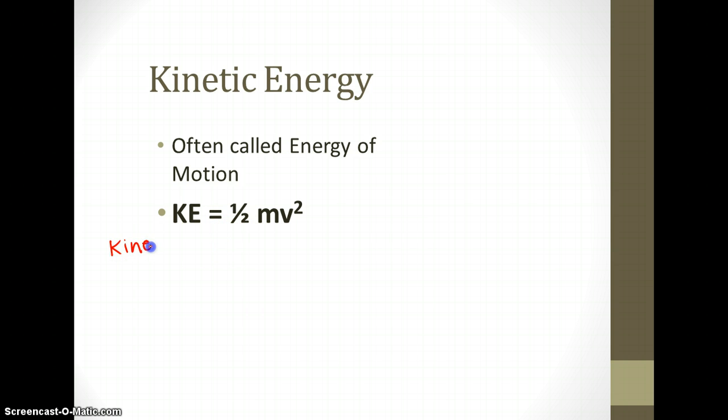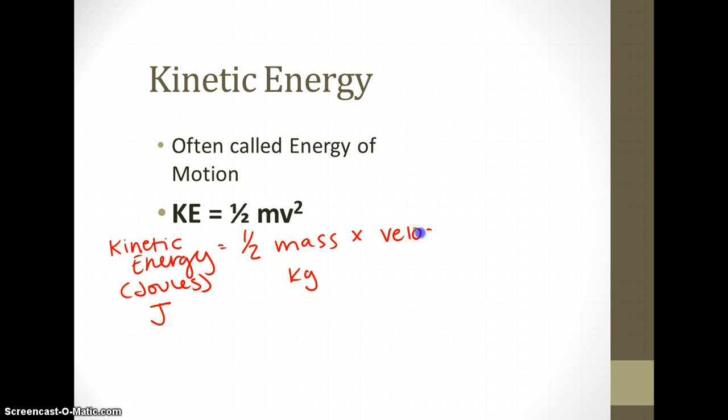Kinetic energy is measured in joules, abbreviated by a J, and equals 1/2 times mass, in kilograms, times velocity, measured in meters per second, squared. Basically, anytime an object has any sort of speed, it has energy of motion, or what we call kinetic energy. Objects can have a combination of many types of energies, and we'll take a look at that in our next few videos.